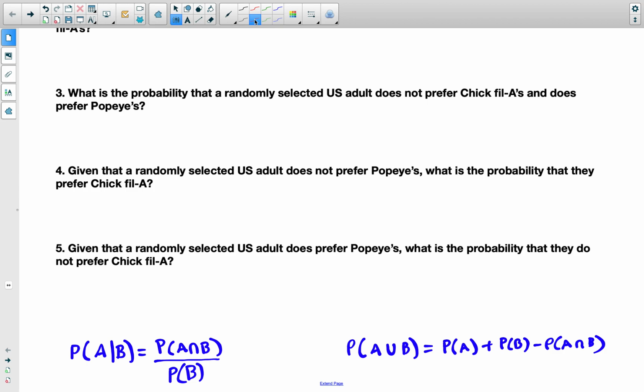So if I was to read this, what is the probability of A given that B has already occurred? So we have knowledge of B. So just think of that as the probability of both of them happening over the one that we have knowledge of previously. So I'd say it's both over the condition. And the condition always comes after that vertical line that reads as given that. All right. So those are the two formulas on your formula sheet that we're going to be using today.